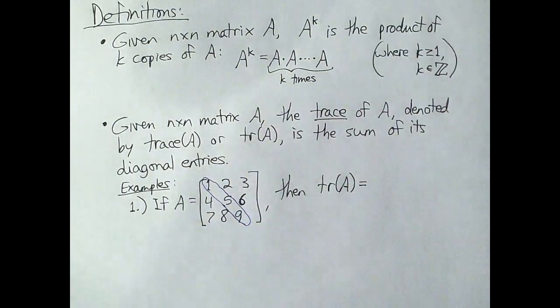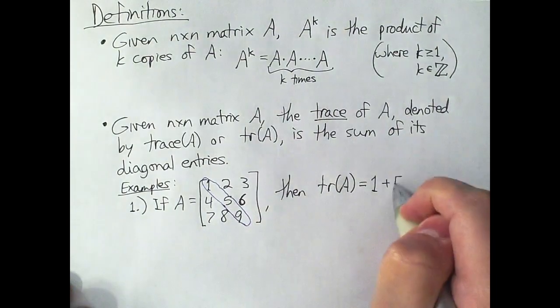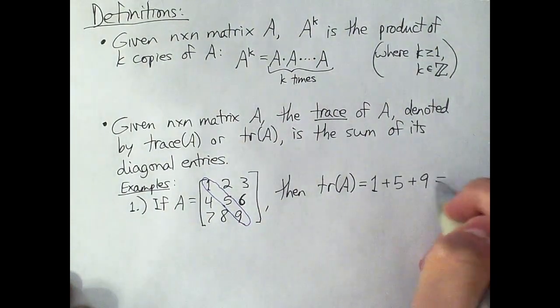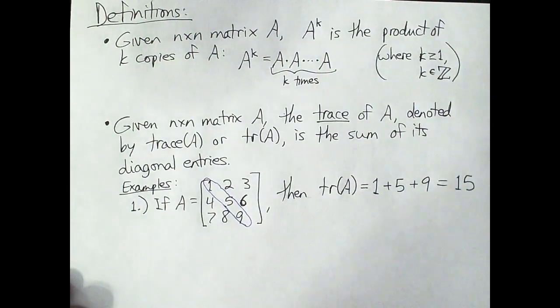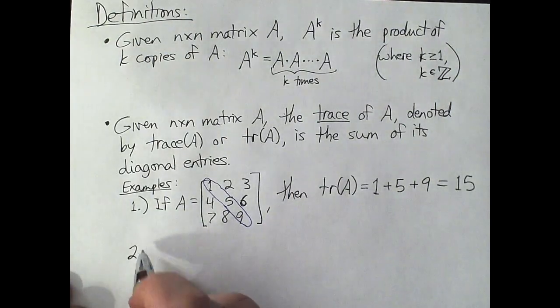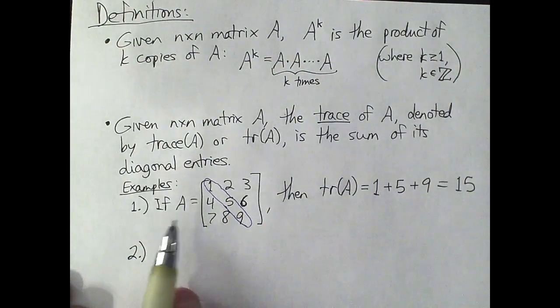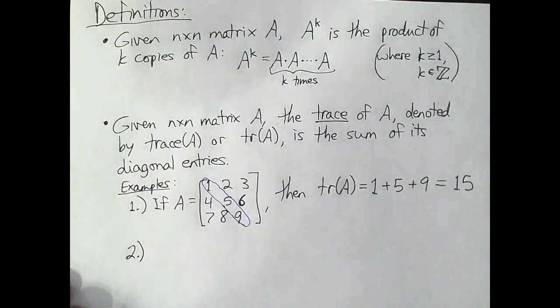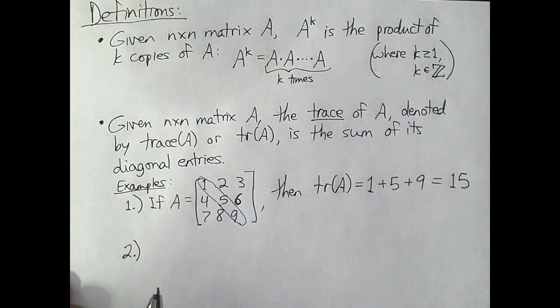It's the entries on this main diagonal. So it's going to be the sum of those, 1 plus 5 plus 9. So it's 15. That's it. What does that 15 represent? Well, maybe later in the course, we'll see some of those interesting properties or applications I was talking about. But for now, we're establishing some definitions. And the trace is the sum of the diagonals.